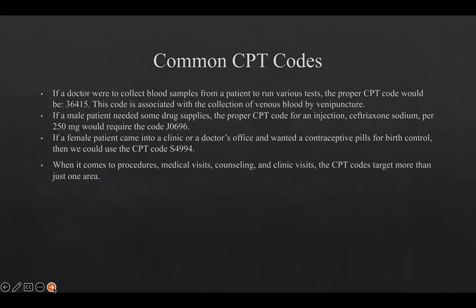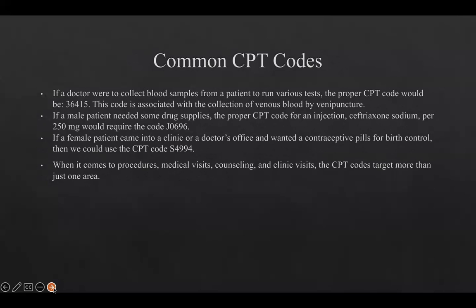Some common CPT codes. So if a doctor were to collect blood samples from a patient to run various tests, the proper CPT code that we would use would be 36415. This code is associated with the collection of venous blood by venipuncture.